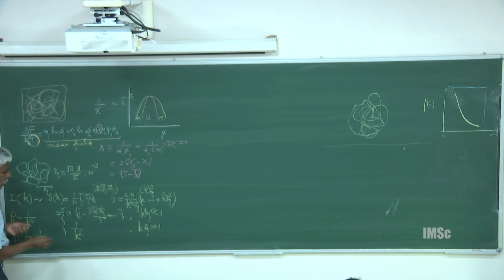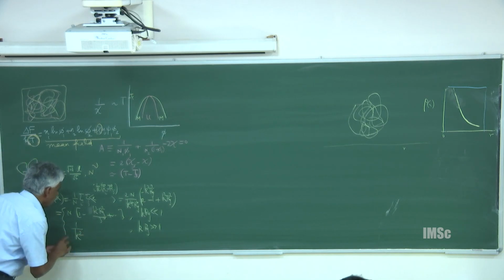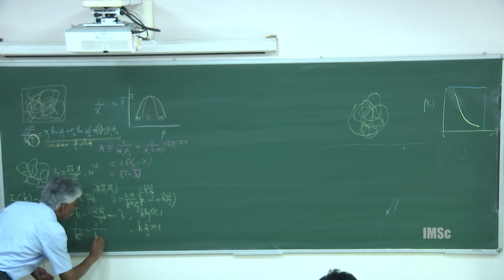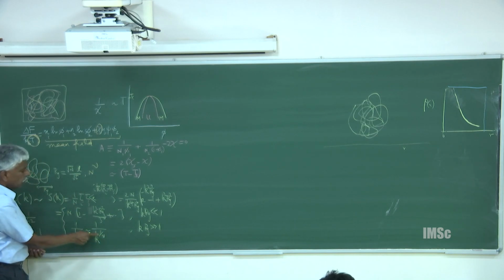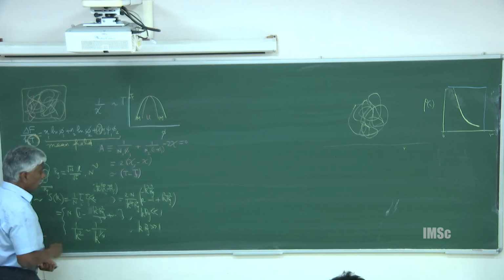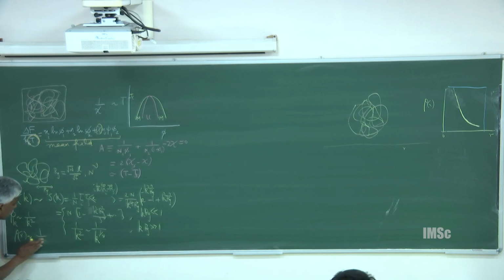And we also said this 1 over k squared actually is 1 over k to the 1 over nu, the fractal dimension, and the fractal dimension is 1 over nu. Therefore, this r would go like r to the 3 minus 1 over nu in general. When nu is equal to half, Gaussian chain, that becomes 2, 3 minus 2 is 1, and it is not necessarily 1 over r. It would be a different power law depending upon the conditions.